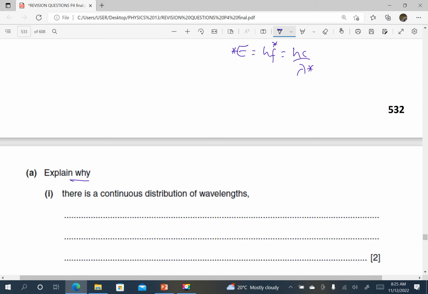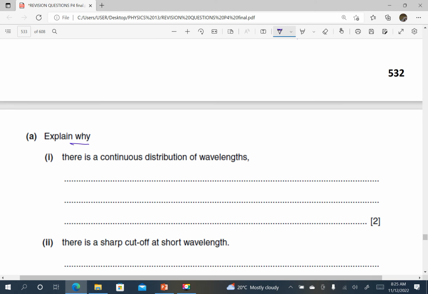Okay, so we are saying X-rays are produced when charged particles are accelerated.